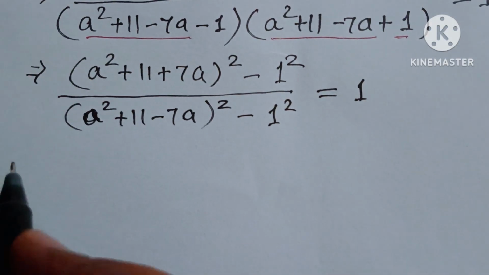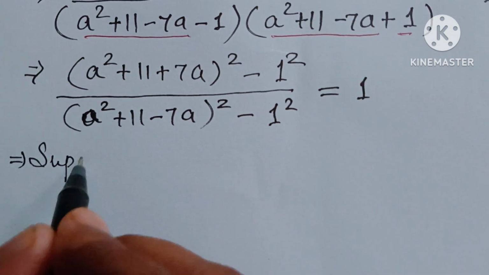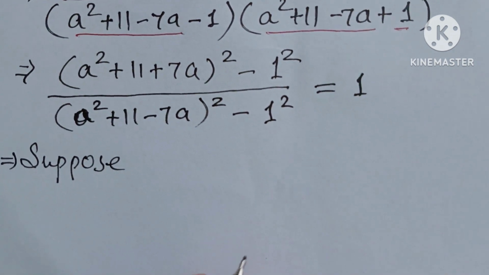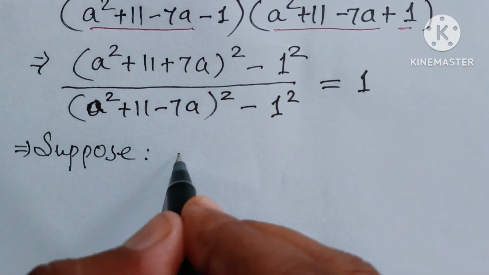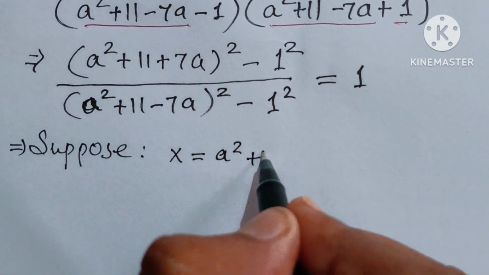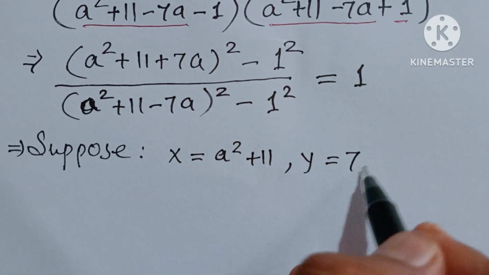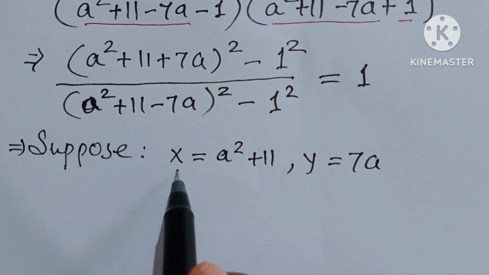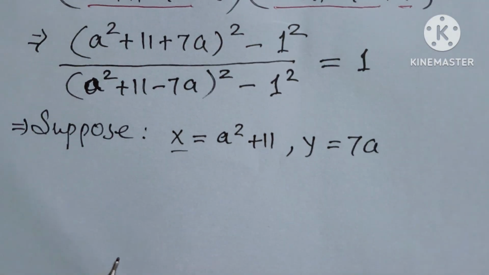Suppose x equal to a square plus 11 and y equal to 7a. Now put these values in the above algebraic identity.